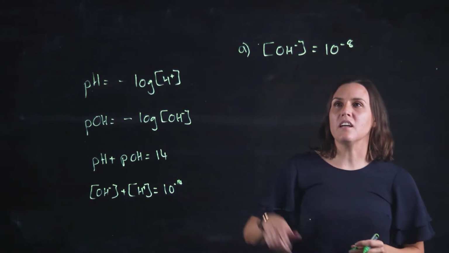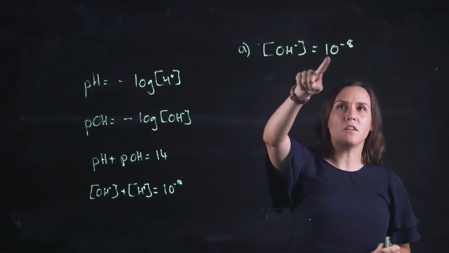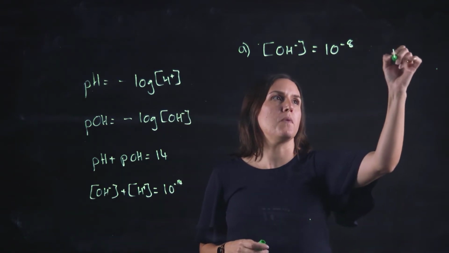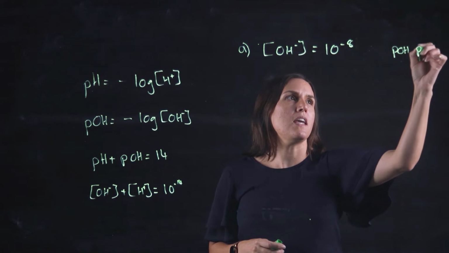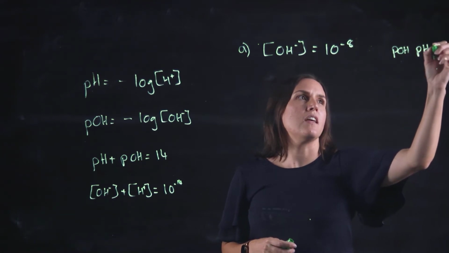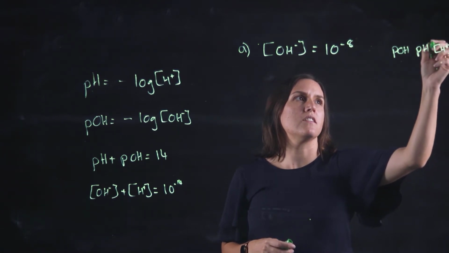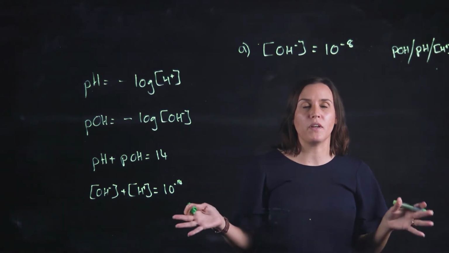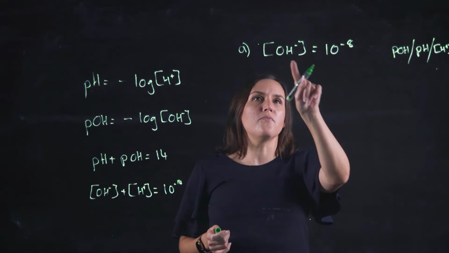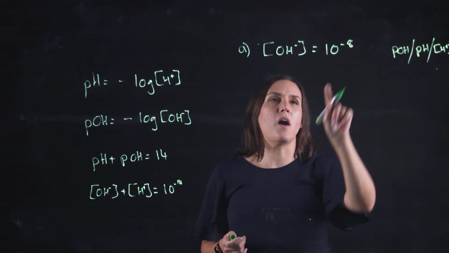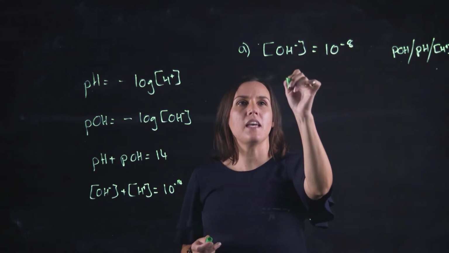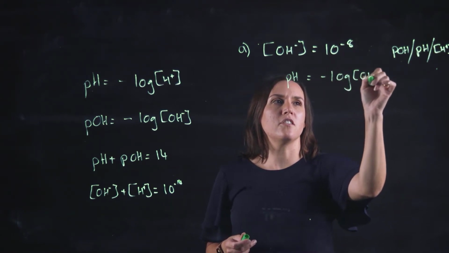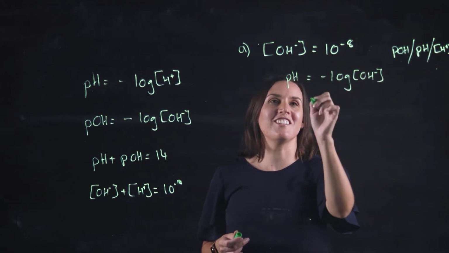So this question here, we're told the OH minus equals 10 to the minus 8. Now I want to find out what the pOH is, what the pH is, and what the H plus concentration is. So this is what the question's asking me. So I'm going to show you how to quickly go between them all. So if my OH minus is 10 to the minus 8, my pOH equals negative log of my hydroxide concentration.